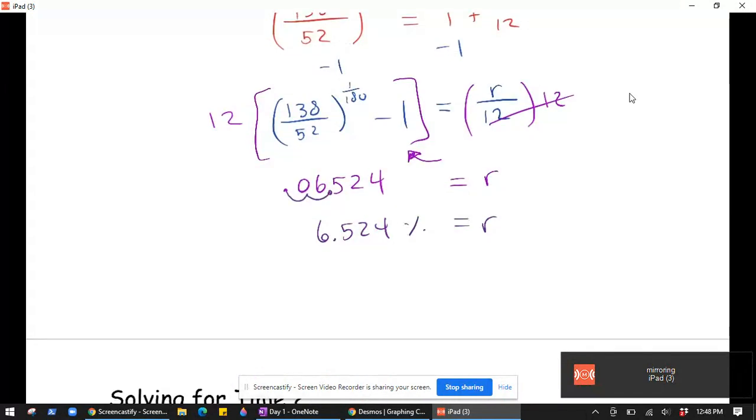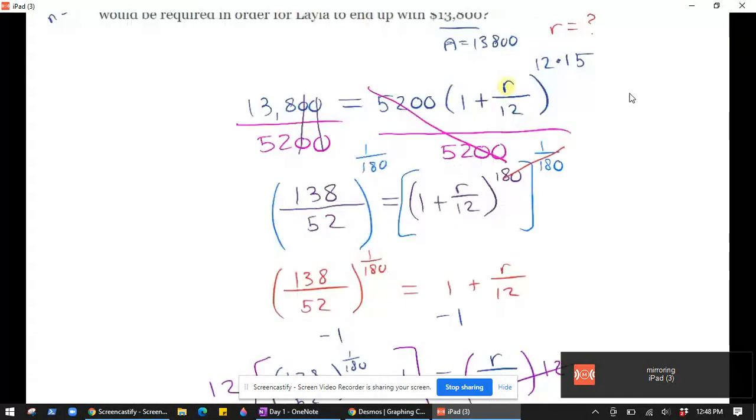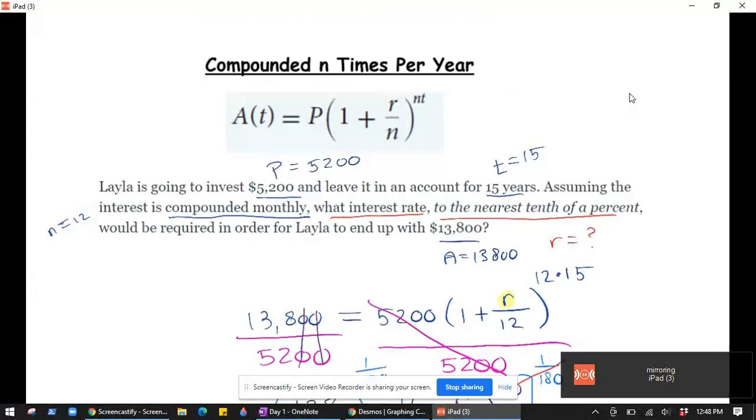So this is the tenths place. That number is 4 or less, so it stays at 6.5%. And we are done. So that is an example of solving for the interest rate.